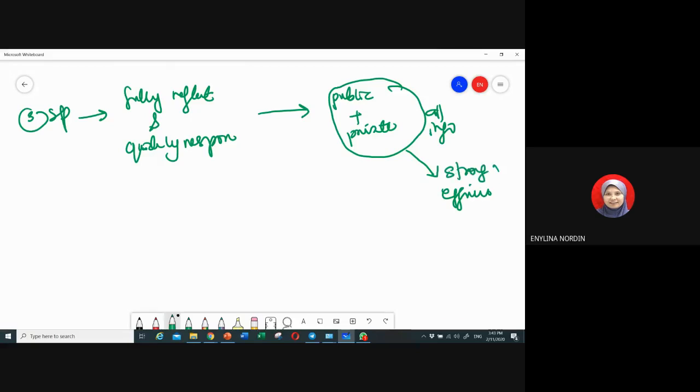Okay, strong form efficiency. Why does it become strong form? Because the stock's price absorbs all this information. The investors can access public information from the company and also can access the private information of the company. So the private information now becomes knowable.